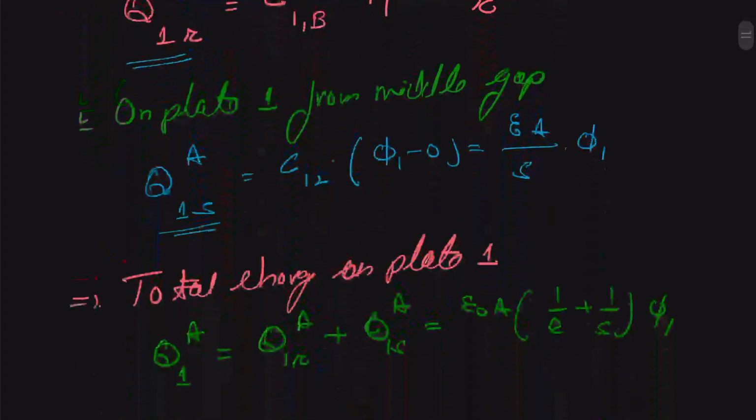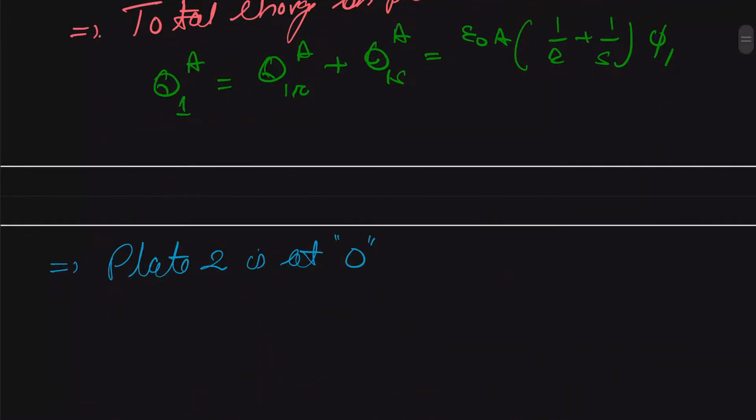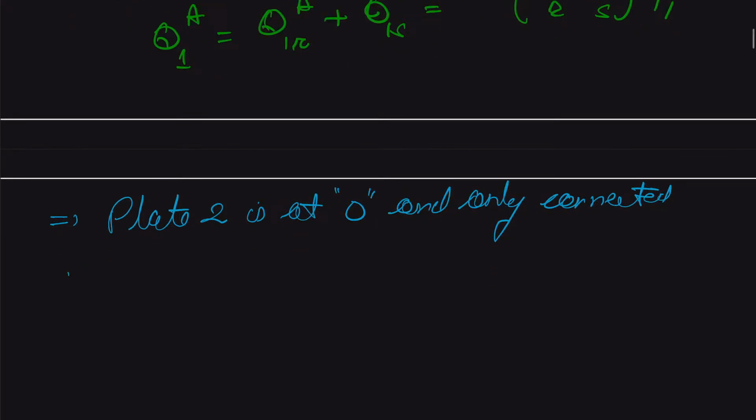Therefore, we can say the plate 2 is at 0 and only connected via the middle gap.